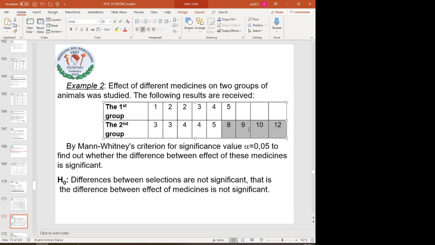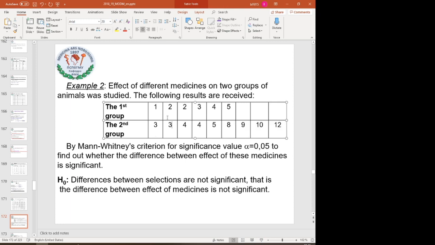We should calculate using the Mann-Whitney criterion with significance level alpha 0.05 again. The null hypothesis, as always, says that nothing happens, no difference, no effect.